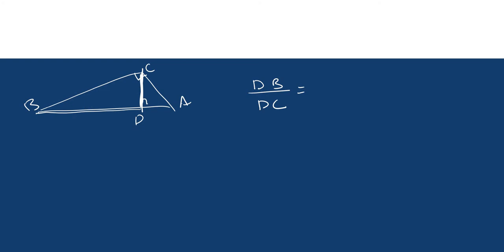Now since they are similar, I should be able to do the same thing with my other triangles. So DC, the long leg of the right-hand triangle, is proportional to DA. And using the big triangle, the long leg, did I start with the long one? Yep, the long leg, which is BC, forms a ratio with CA.